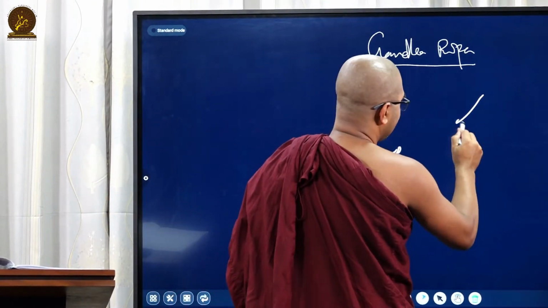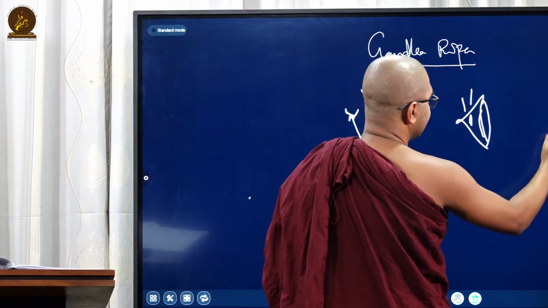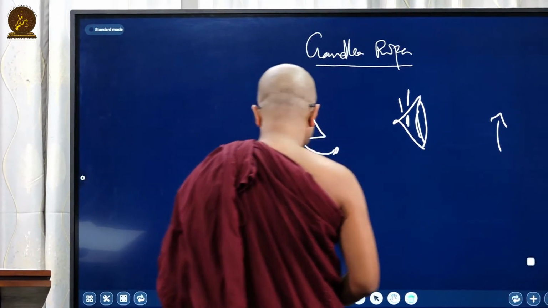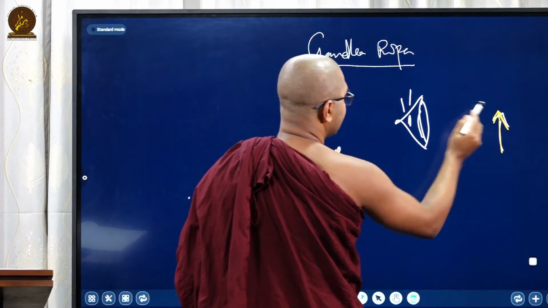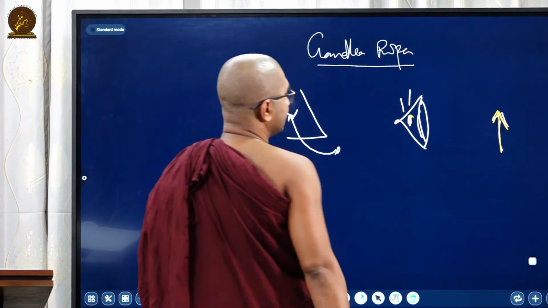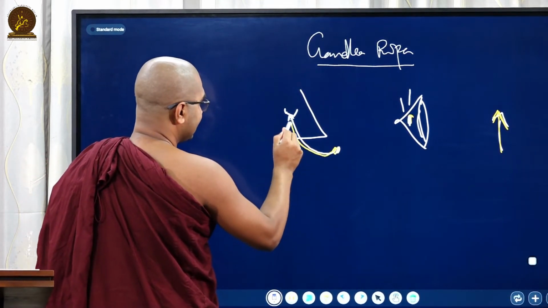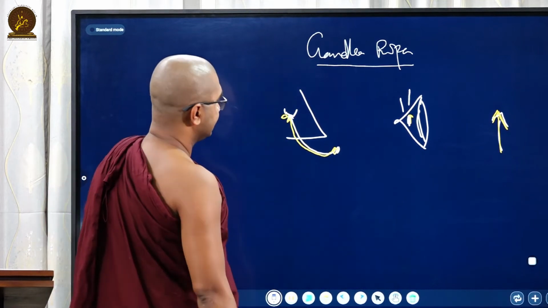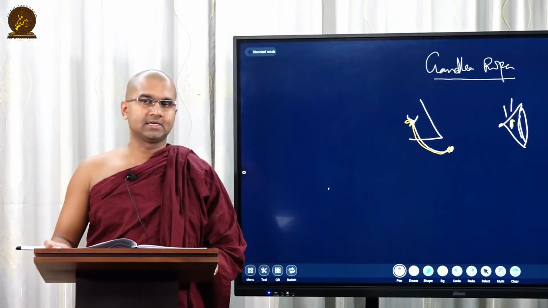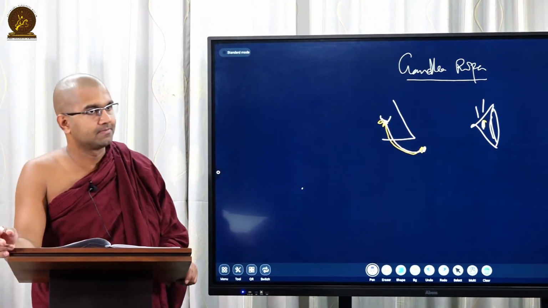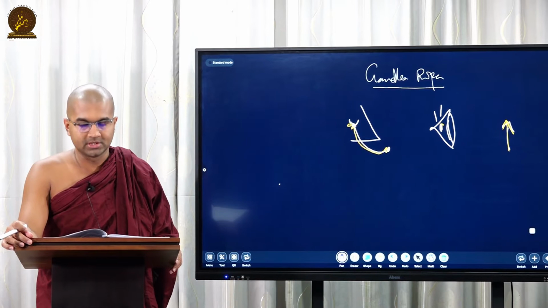But with regard to the color, this was the eye sensitivity, and the color causes an image to appear on it. But in the case of the Ganda, it has to physically come and strike against the Ghana Pasada. So we call it Vatthu Asamphatthana. The same thing should happen with regard to Rasa. There should be a physical contact between the sense object and the sense organ.